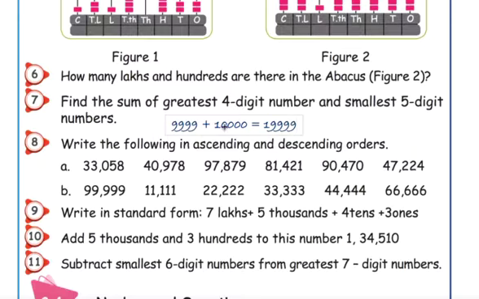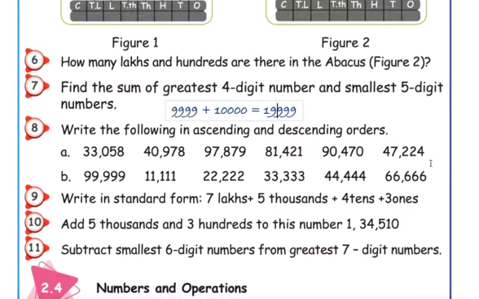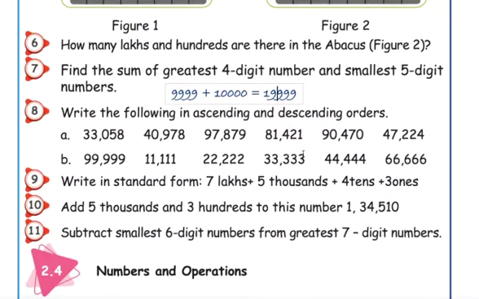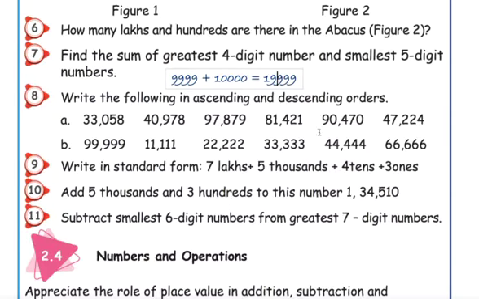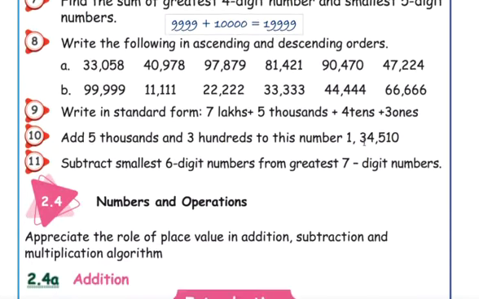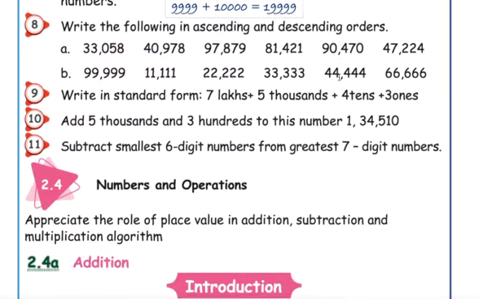That much only. Okay, 19,999. Write the following in ascending and descending order. Since you are well acquainted with those orders, I think you can do it on your own. Anyway, the space is still a problem for this exercise. I didn't get enough space here, but let's leave it here only.